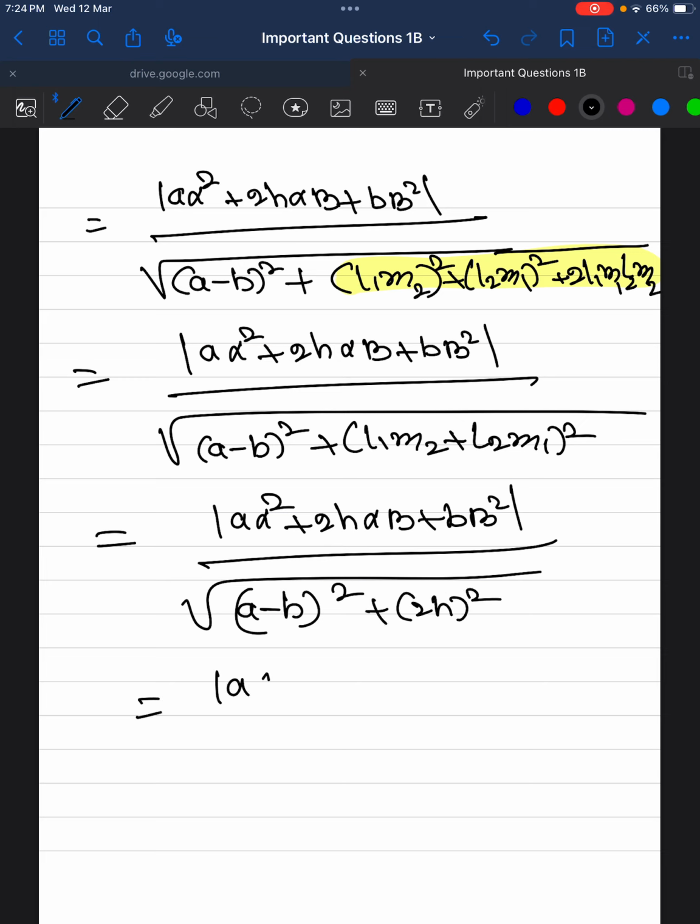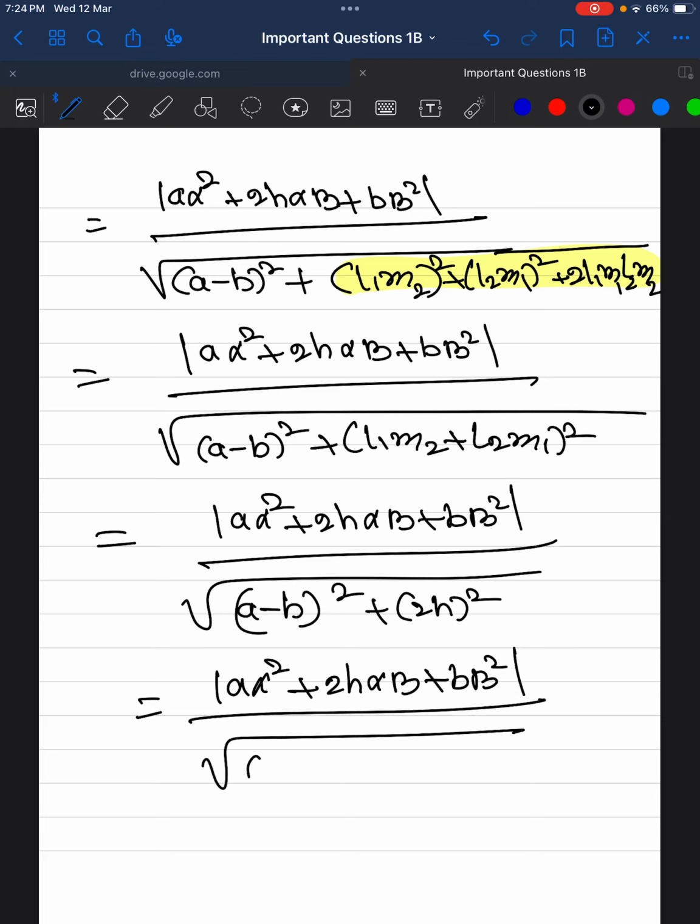That is mod A alpha square plus 2H alpha beta plus B beta square by root of A minus B whole square plus 4H square. Hence the problem is proved. Hence the theorem is proved.